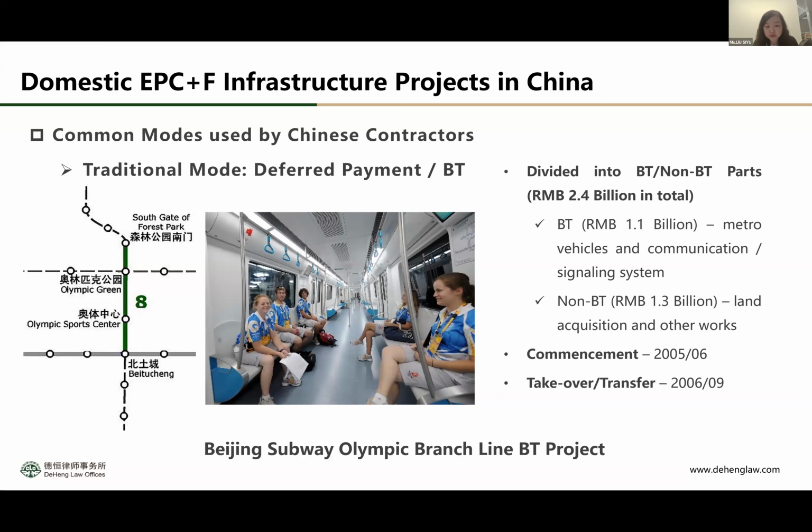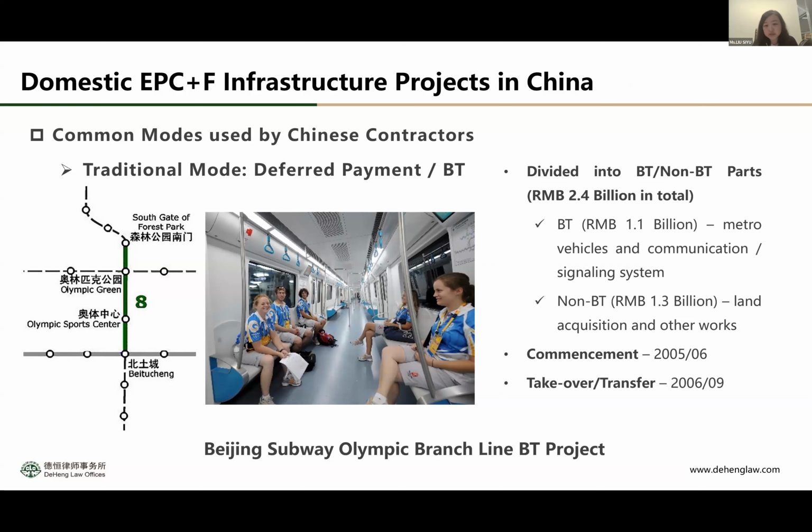So I will start with the traditional mode, the deferred payment or the BT mode, meaning the EPC contractors sign a deferred payment EPC contract or a BT contract with the government. Then upon the completion of the project, the government or the company invested by the government will pay the contractor.